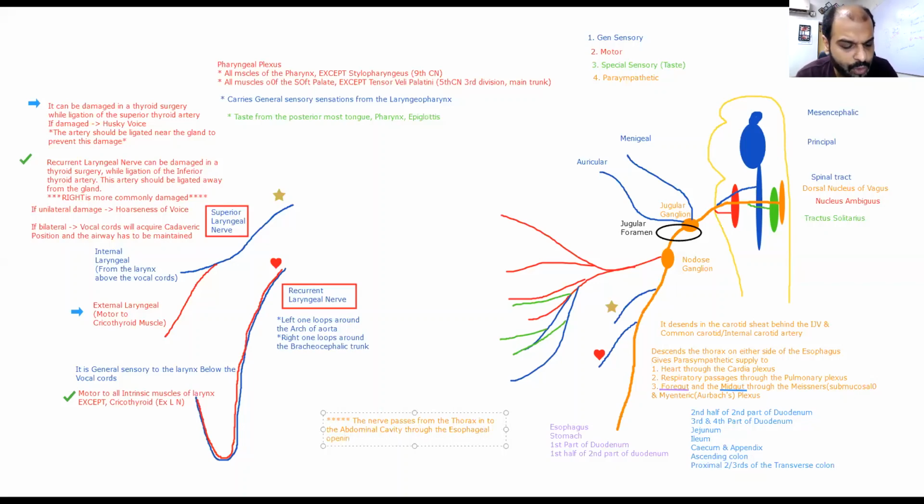And what is the level of that opening, by the way? Can any one of you tell me?